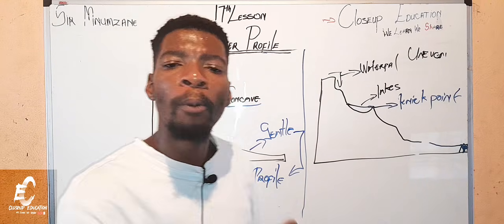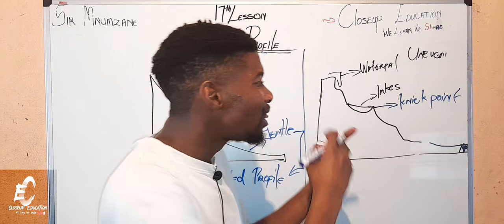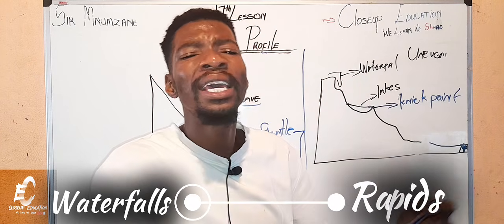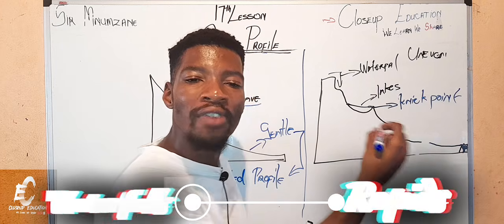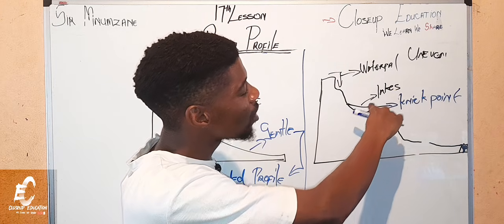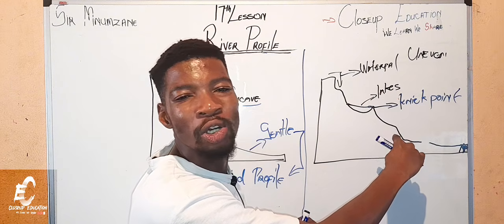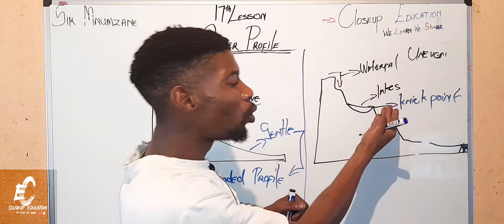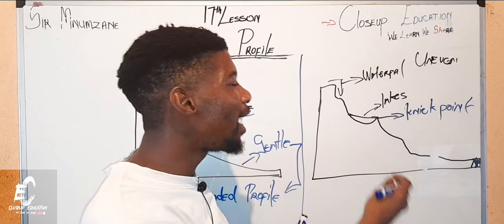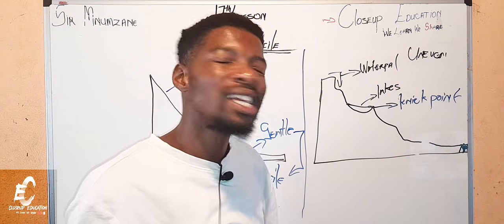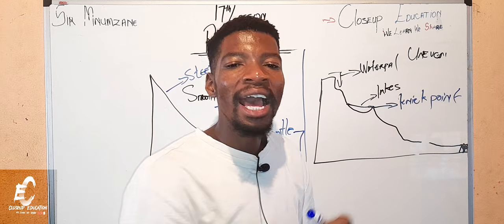When you see a Knickpoint, you definitely have to think that this area is associated with waterfalls or rapids, because a Knickpoint obviously shows that this area is not even. Meaning when the water comes here, it will drop vertically. So there could either be a waterfall here or rapids. Rapids are when water is moving like this because of the uneven riverbed.